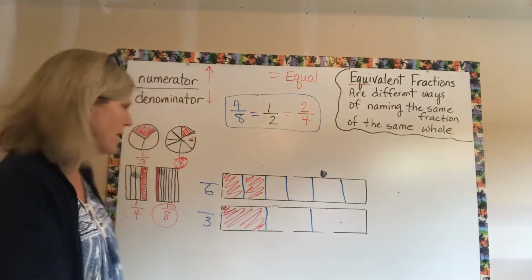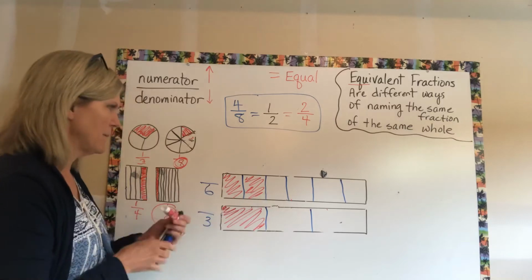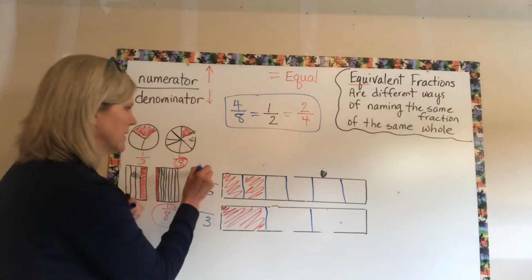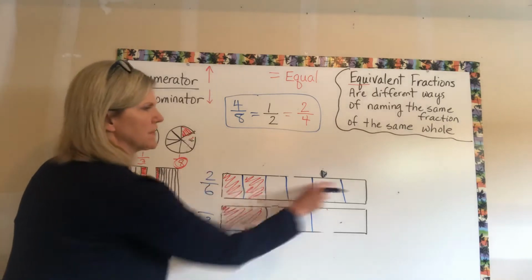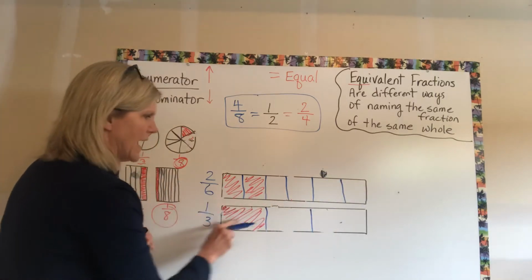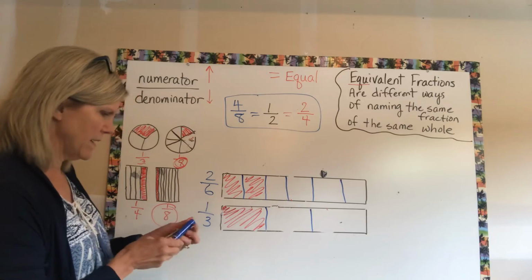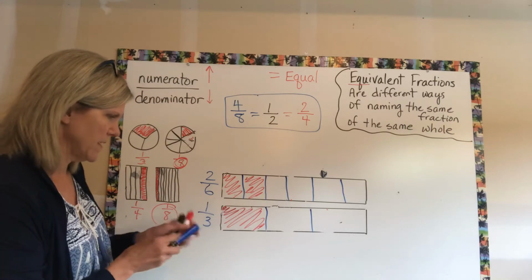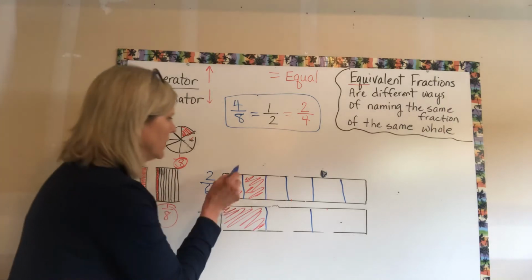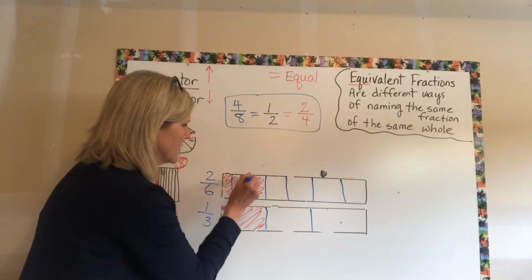They're the same amount. So two pieces out of 6 pieces is the same as 1 out of 3 pieces. Now, for fun, what if we divided this one into, let's divide these all in half.